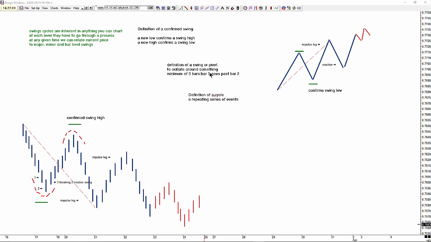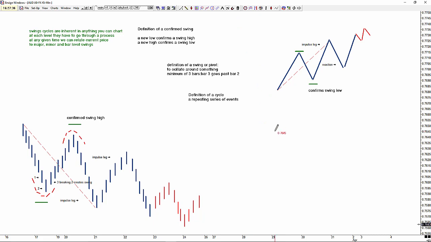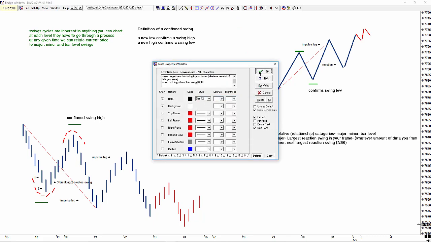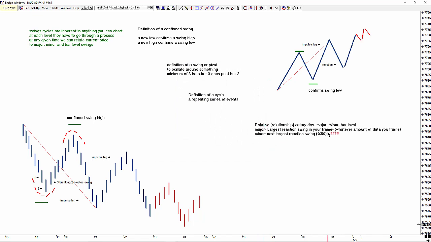The next thing we need to talk about, or define, and we'll eventually go to the chart and do this and apply median lines, and I'll even walk you through a trade that a student did on there so we can make it practical. All right, relative, relationship. We're going to put everything in categories, okay? And we're going to put them in the category of major, minor, and bar level.